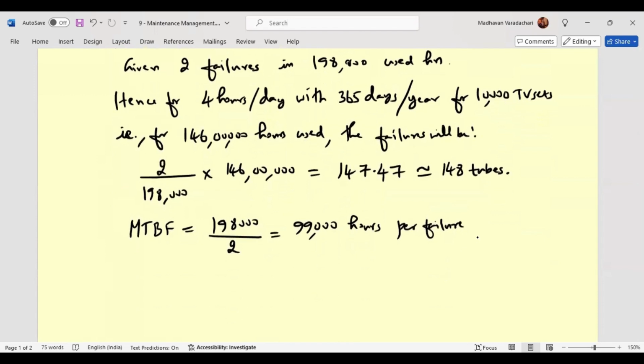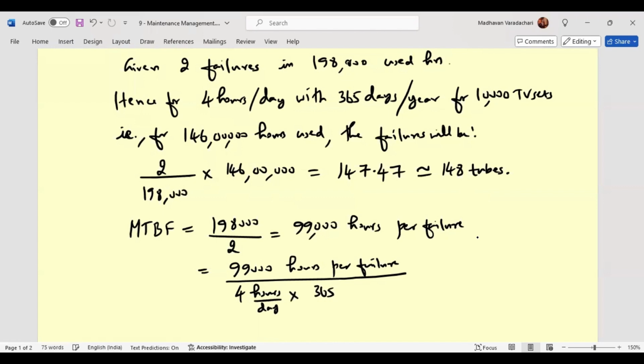We can also convert this into years by considering 99,000 hours per failure divided by 4 hours per day into 365 days per year.